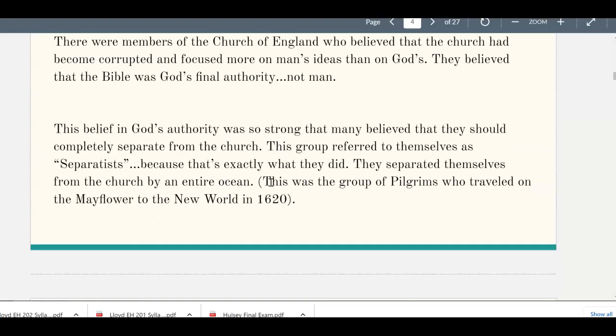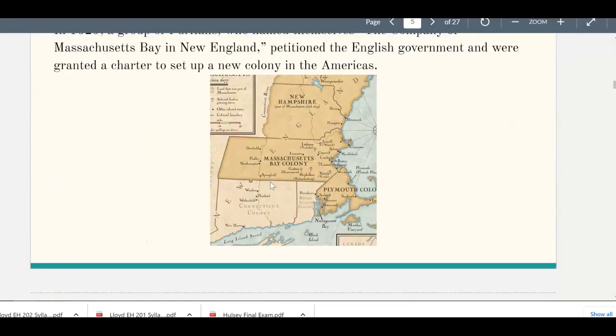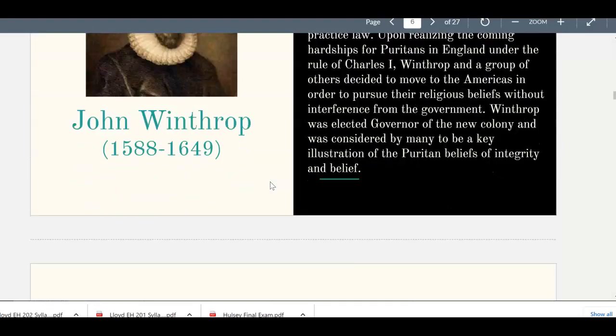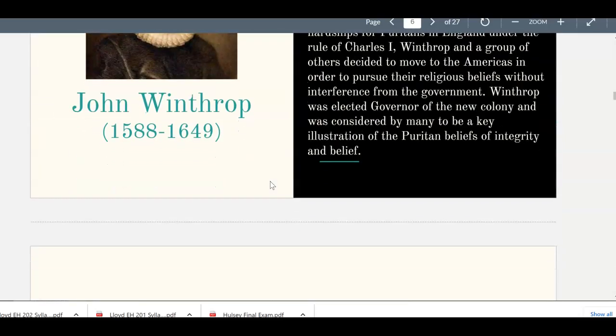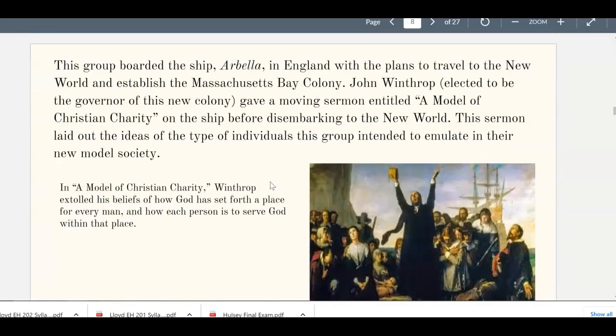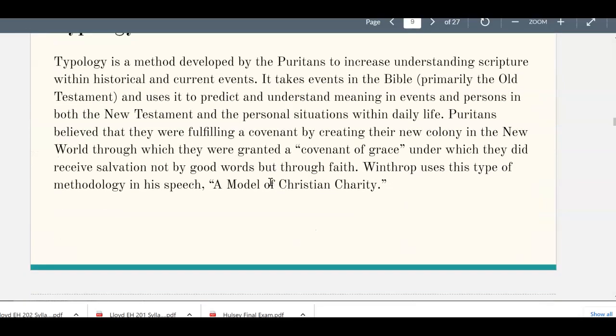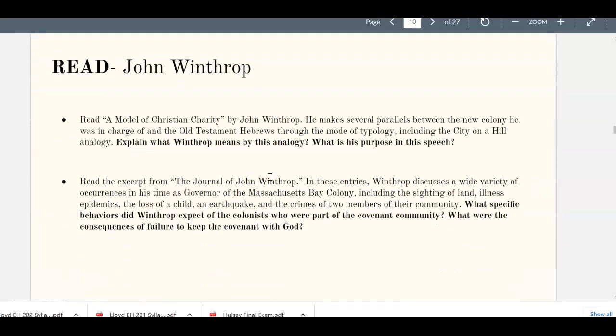So I would give them the notes, and like this one, I talked about Puritanism. I talked about each of the authors in detail in my notes. And I would then tell them, at this point, read this text and pay attention to what this means, in bold. This was the city on a hill analogy in A Model of Christian Charity by John Winthrop. Explain what he means.